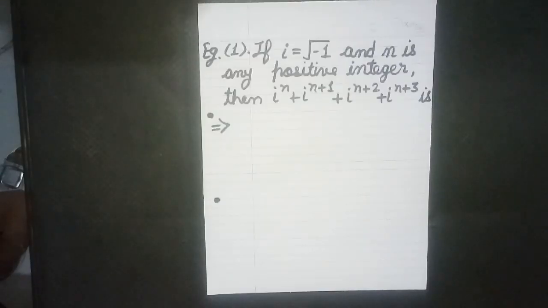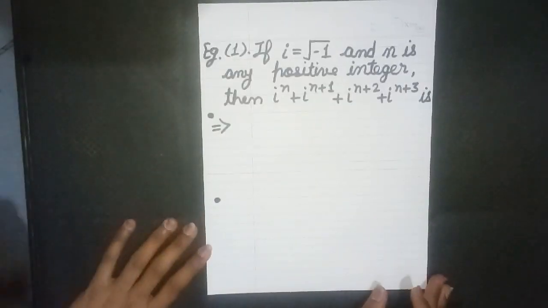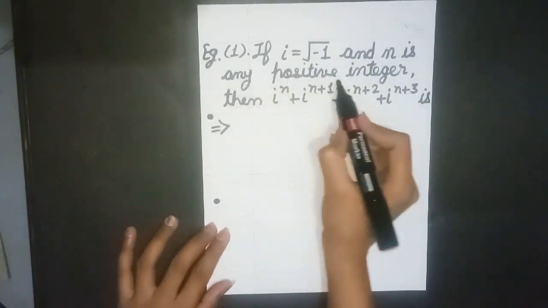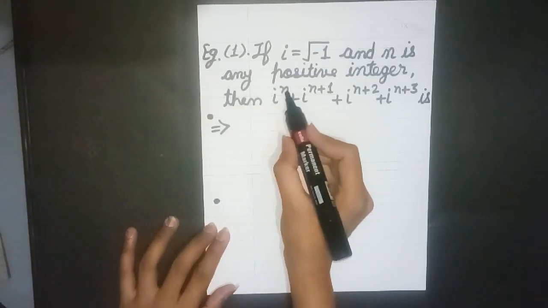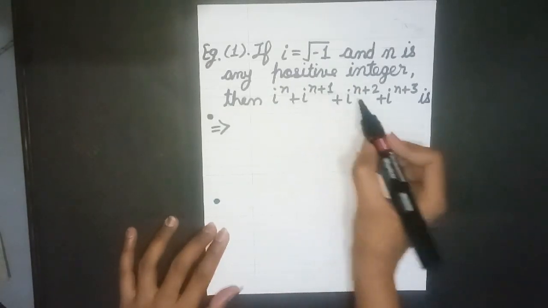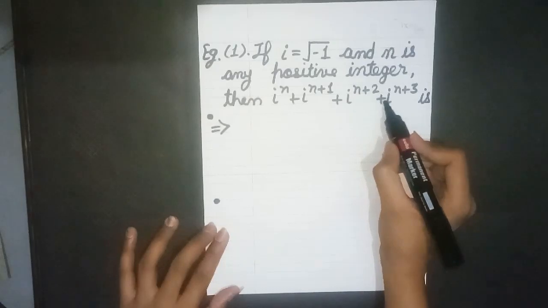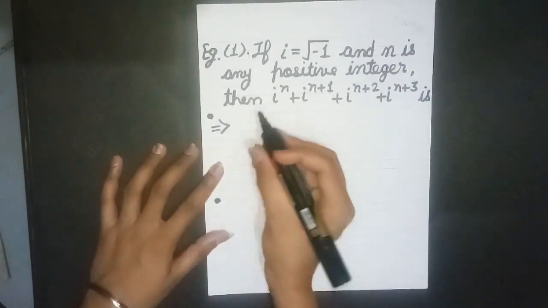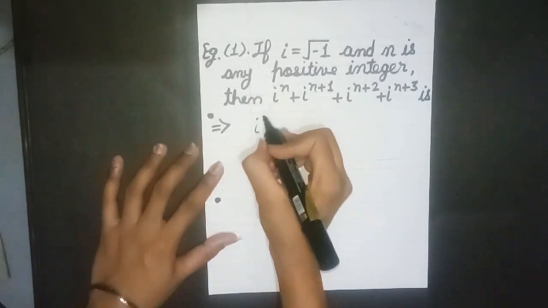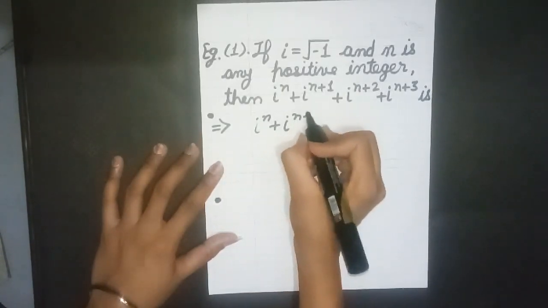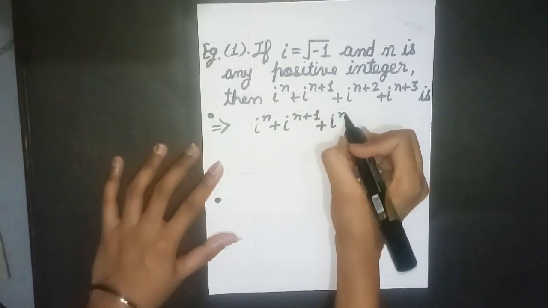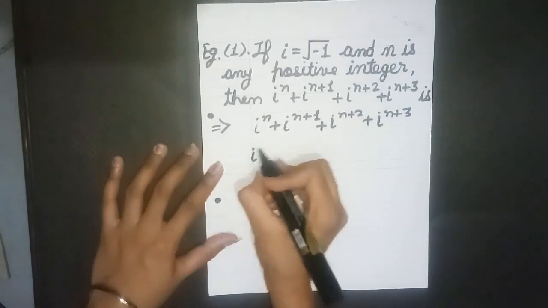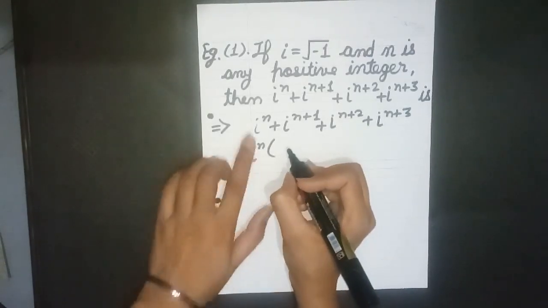Got it? Now let's take an example. Example 1. If iota is equal to under root minus 1 and n is any positive integer, then iota raised to power n plus iota raised to power n plus 1 plus iota raised to power n plus 2 plus iota raised to power n plus 3 is. So let's solve. Let's take iota raised to power n as common from all.